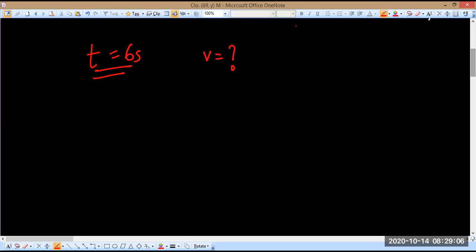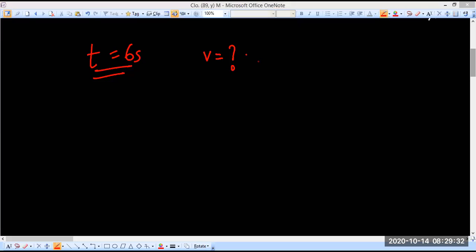So how do you find speed, people? How do you find speed? No, Vedant, dx by dt is not speed. Kavya, that is velocity.